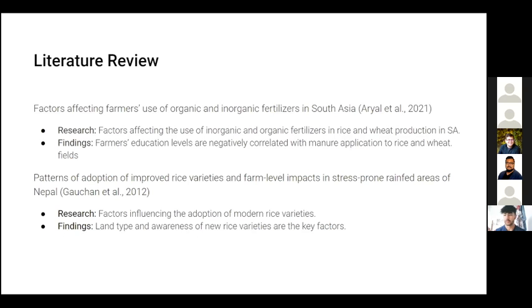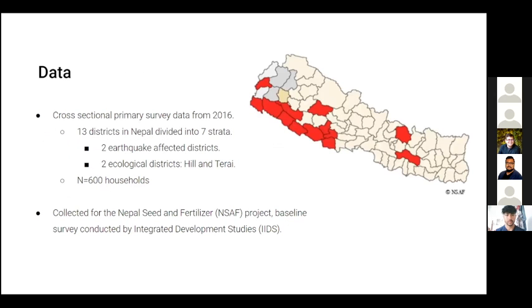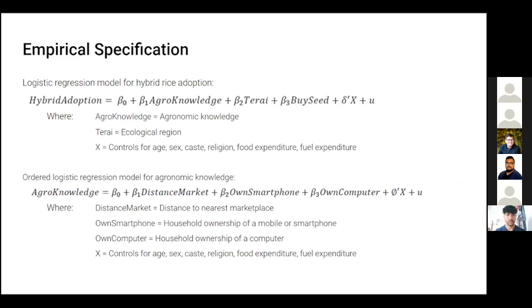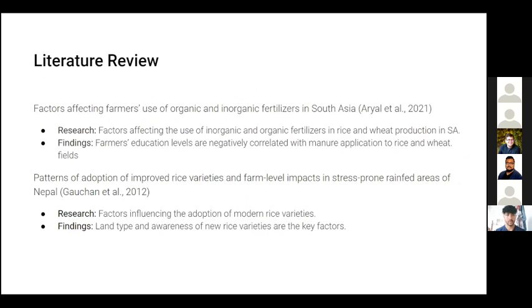Also, land type and awareness of new rice varieties are the key factors that influence the adoption of modern rice varieties. We also consider awareness of new rice varieties to be agronomical literacy. So based on this, it supports our prediction that agronomical literacy will encourage the adoption of hybrid seed.